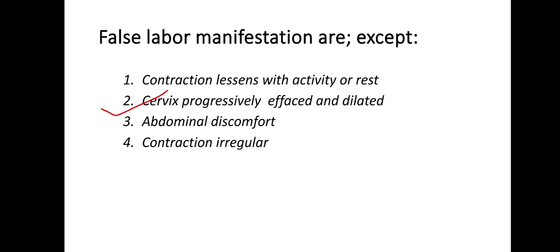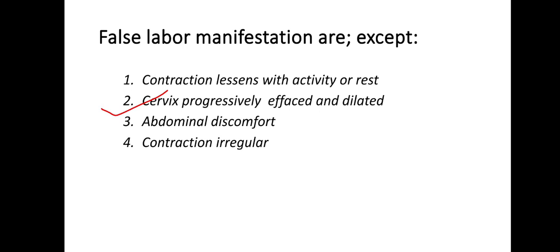How will we recognize a false labor or a true labor? For false labor, as mentioned here, contractions will be irregular. They lessen with activity or rest, and are felt in the abdomen only.